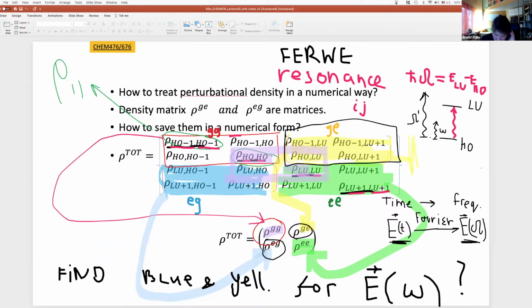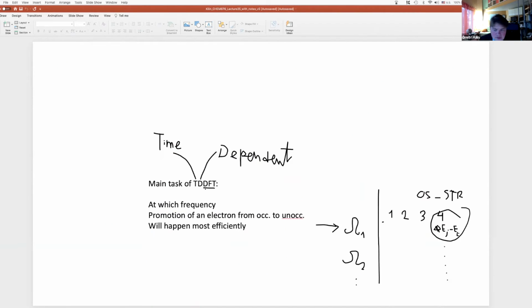So I believe we finished around this slide last time, maybe a little bit more in advance. The goal of time-dependent density functional theory is to get frequencies of transition at which the resonance condition is matched, at which the molecule is able to absorb light.